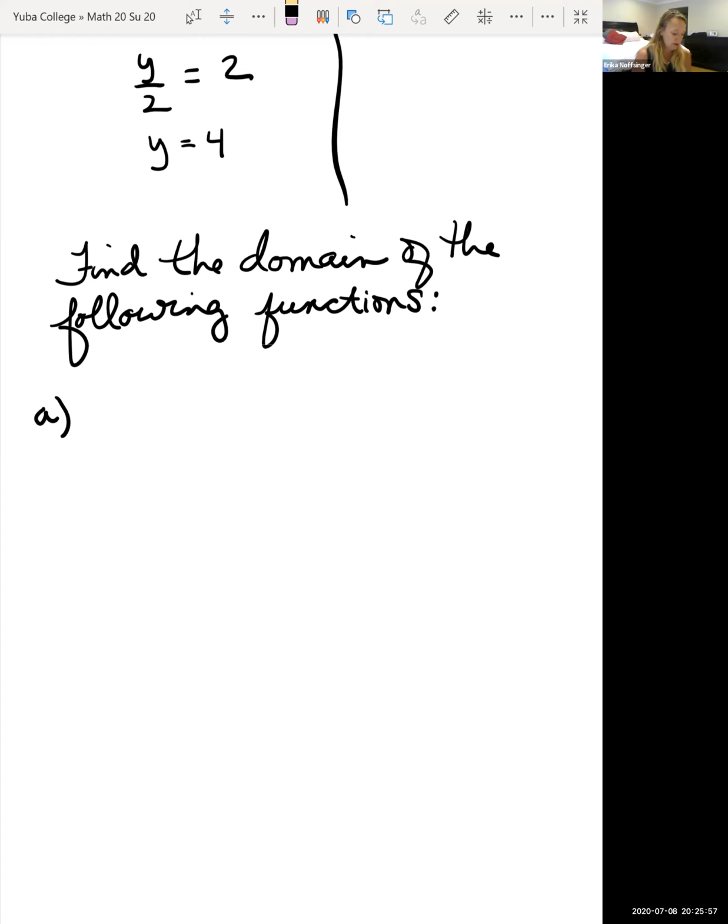And so when we're looking at these log functions, let's say g of x is equal to, let's just do log of x minus 1. So you can only take a log of a positive number.